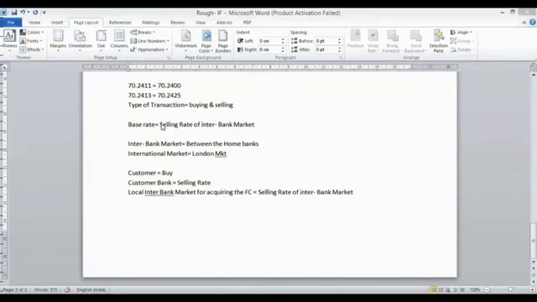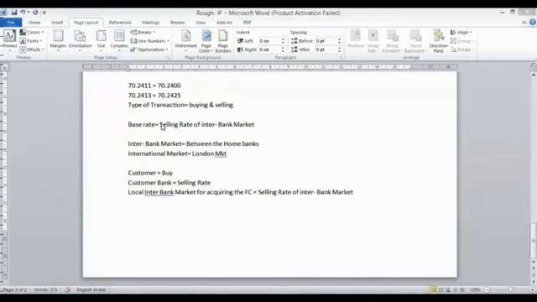So the rate quoted by the primary supplier for any goods is known as the base rate of that item.